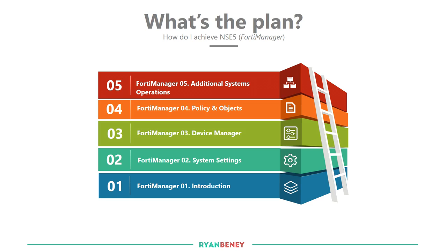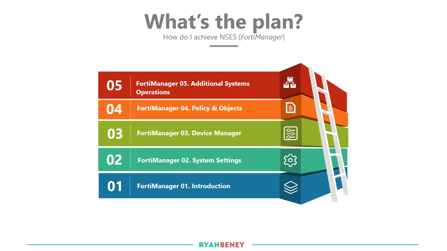We understood how policy templates are created and how you would create objects within the FortiManager and install them downstream onto the device, and how you can also export policy objects into the FortiManager onto different templates and install a single template onto multiple devices.